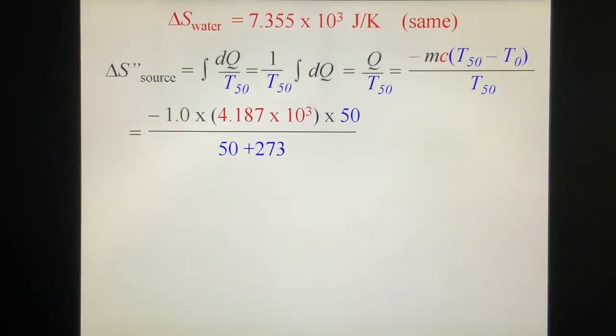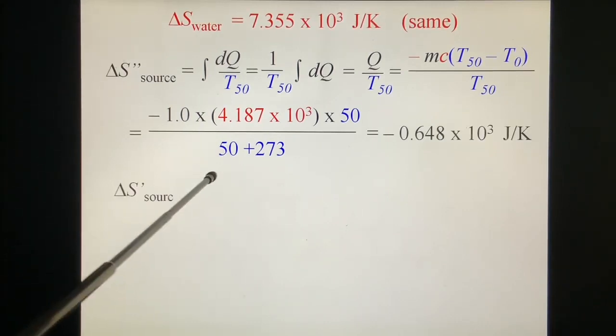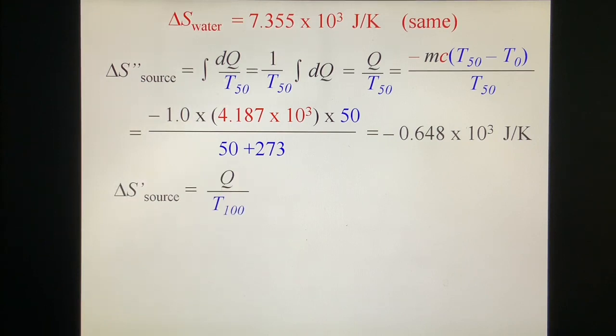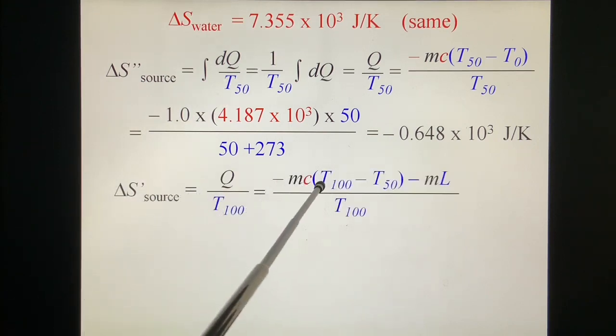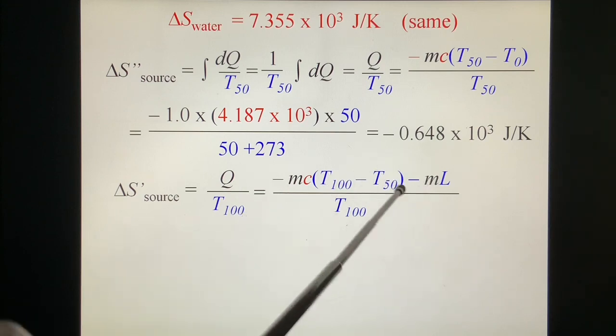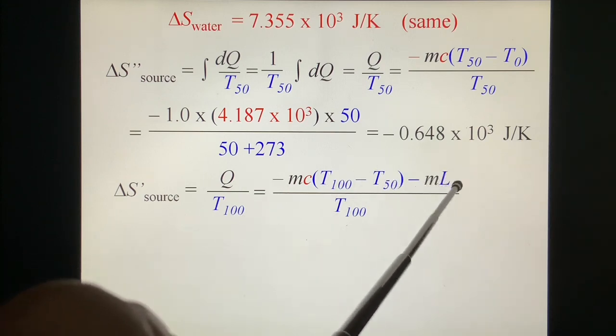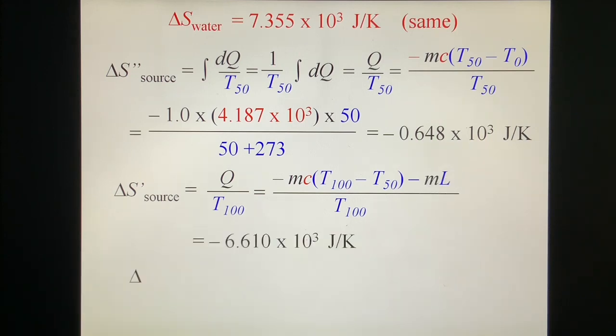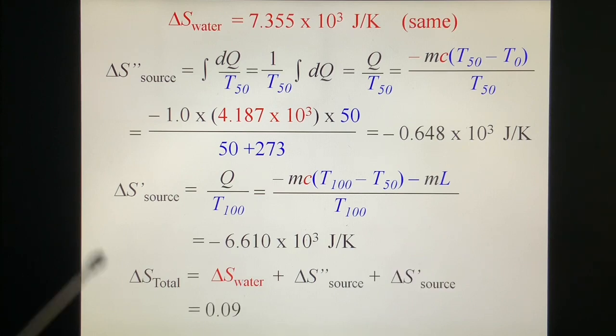The second source is the 100 degree reservoir, and this Q, from 100 to 50, is output, plus the phase energy, m times the phase heat, mL. We get this one. Then we put everything together, and we find it's 0.077. It's larger than 0, consistent with the second law of thermodynamics.